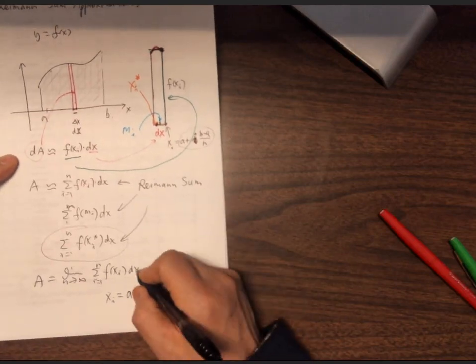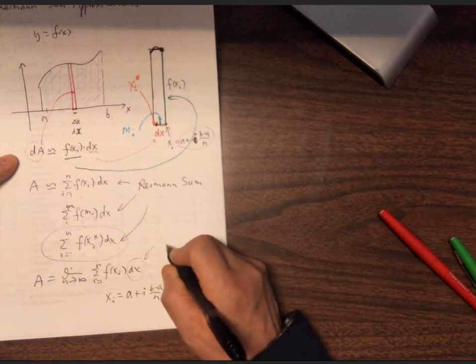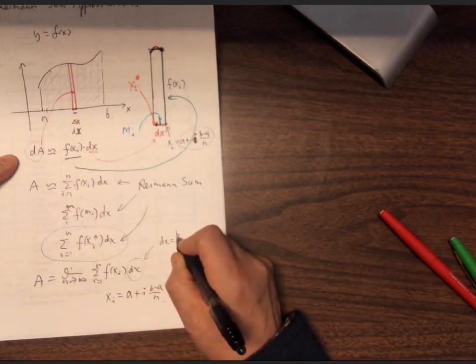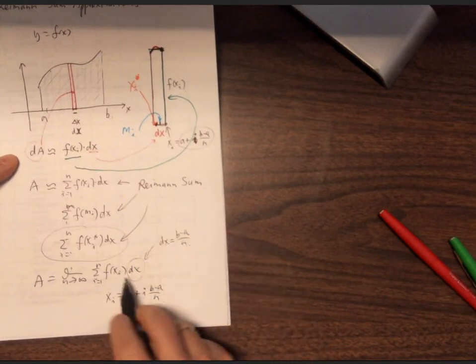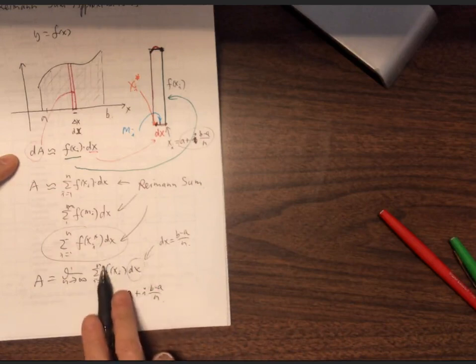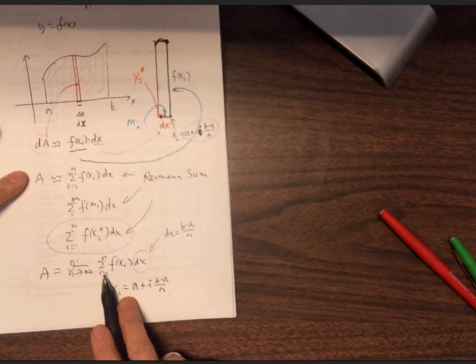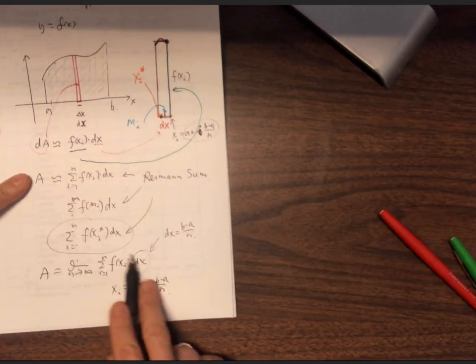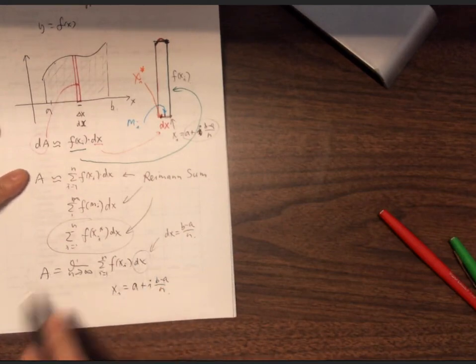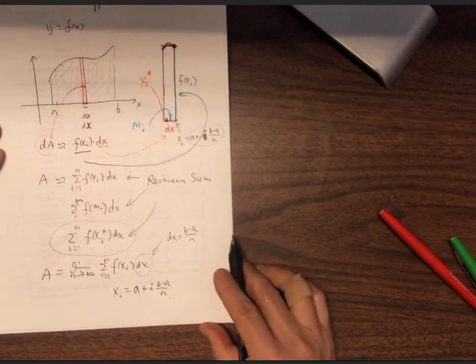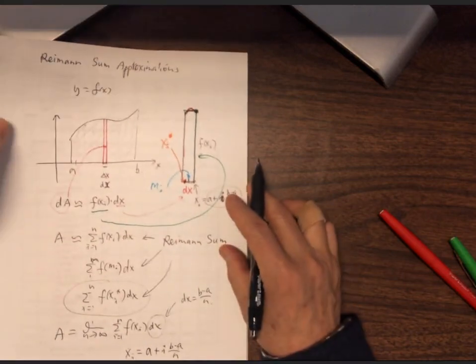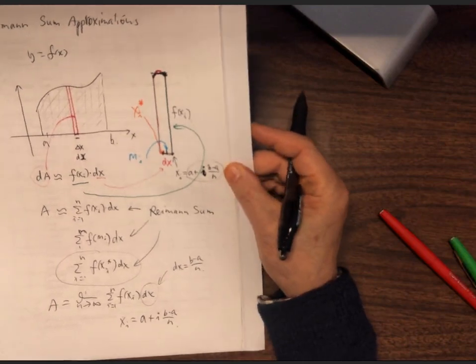Of course, if it's done evenly, this part dx would be b minus a over n. So we can construct the Riemann sum. It's a summation. So we simplify it, then we evaluate the limit and find the area. It's a lot of work.